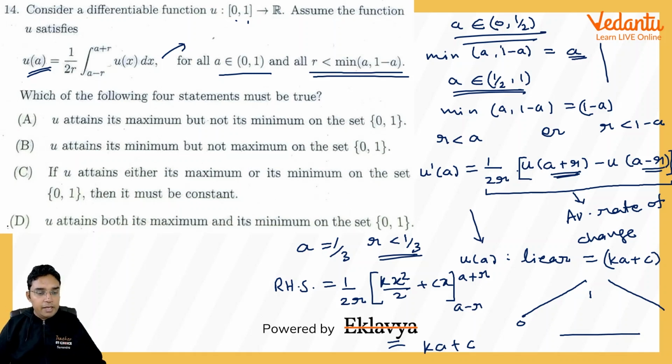I think D is closer to the answer, but it is also not a complete answer, because I can choose u to be a constant function, then it will not take maximum or minimum at 0 and 1, because the values will be constant throughout. But still I will say D is the answer, because otherwise A and B, as you can see, are saying only maximum or minimum, but not minimum or maximum. That is not possible. If it attains some maximum, it will attain minimum also. So the answer for this will be D.